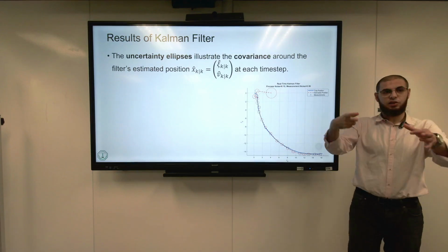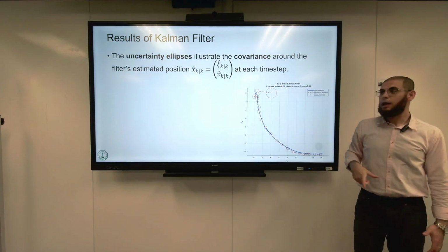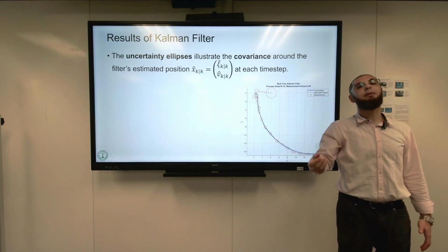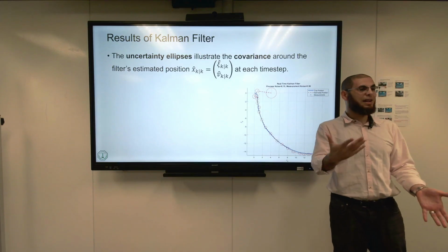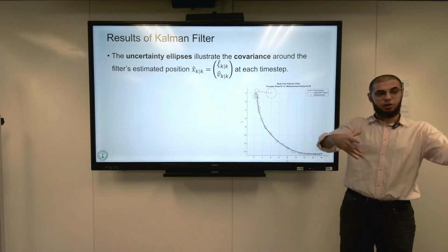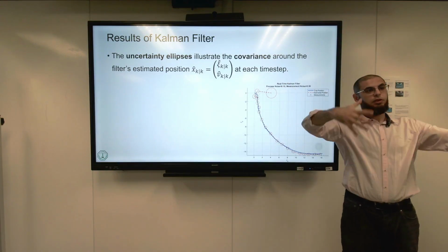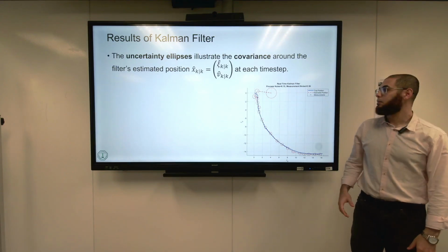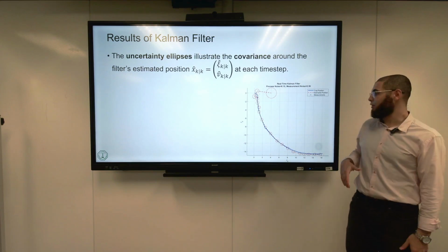These are all of the circles that you follow, and the center of the circle is simply where the mean is. It's where the Kalman filter is telling you it thinks you are, the mean of the Gaussian, and the circle is simply how much you can trust the estimate, because it's related to the covariance.